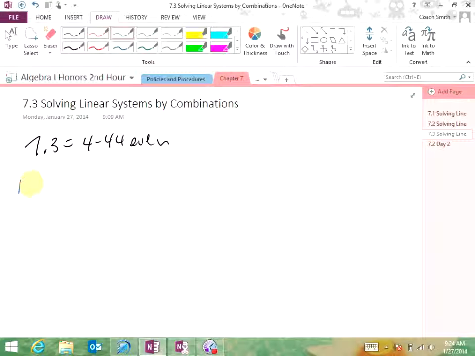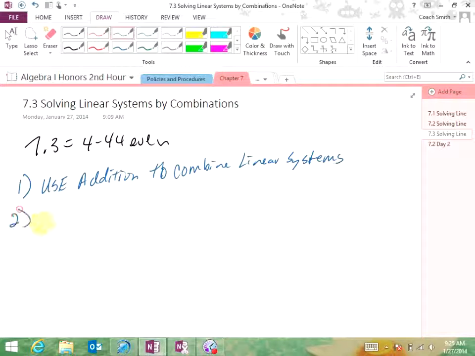We're going to do 3 things. We're going to use addition to combine linear systems. We're going to use multiplication to combine linear systems.